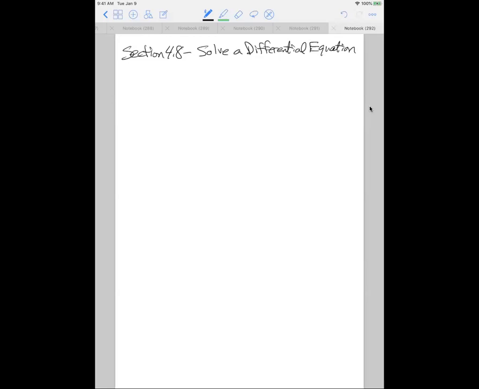On my iPad, I've got this set up: suppose you want to find all functions y equals capital F of x for which, when you take the derivative of that function, using the notation lowercase f, this is a true statement.